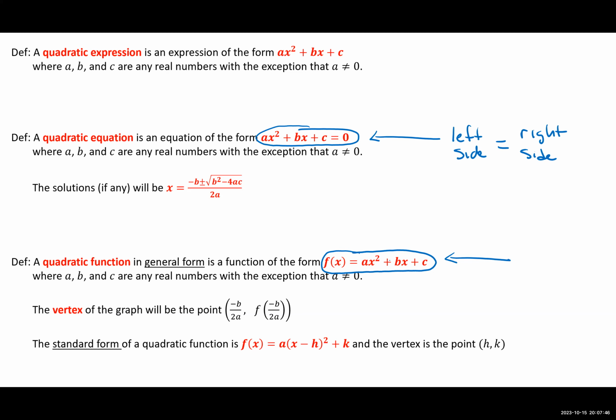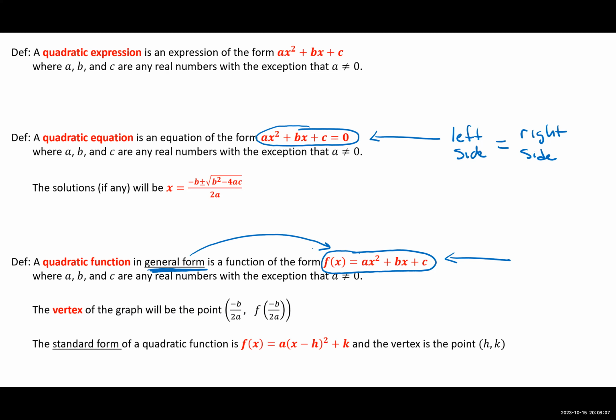And so this ax squared plus bx plus c, which we've seen in the context of expressions and equations, now we're talking about it in functions, this is called the general form. Now, we could manipulate this to make it look different. We did this with linear equations.